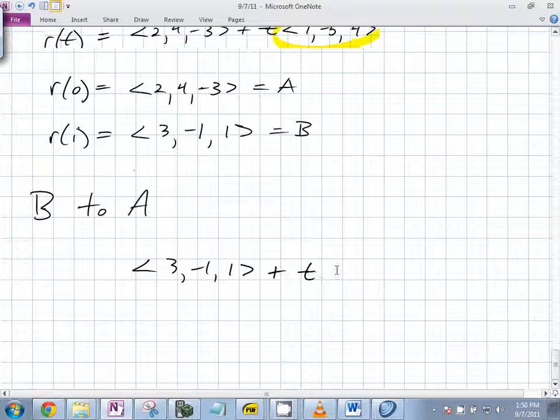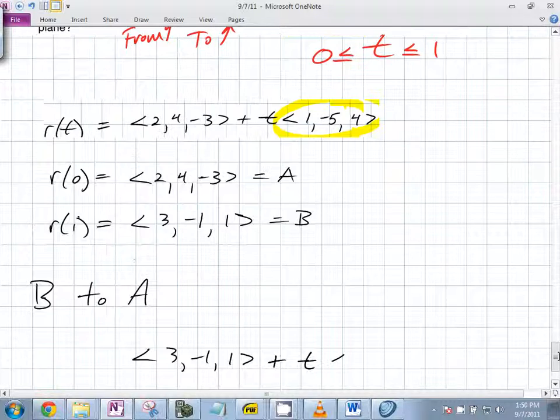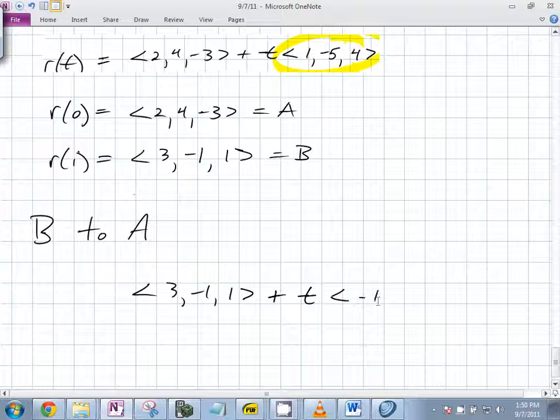We need the opposite of the direction vector, so it's -1, 5, and -4. So that is the one that goes from B to A and lines up perfectly.